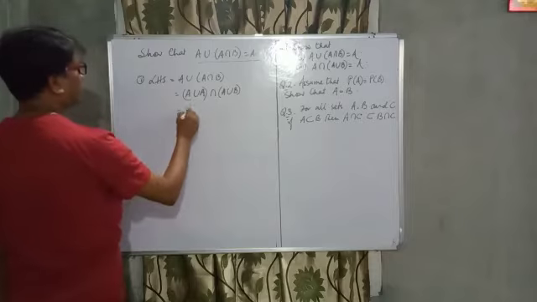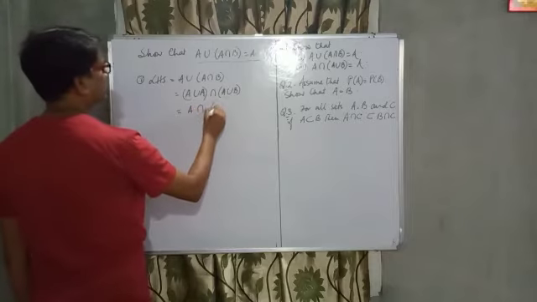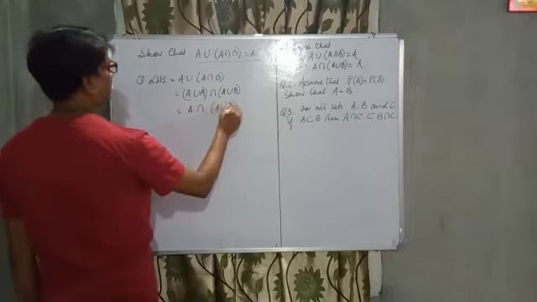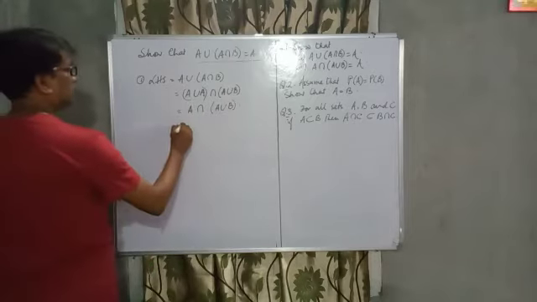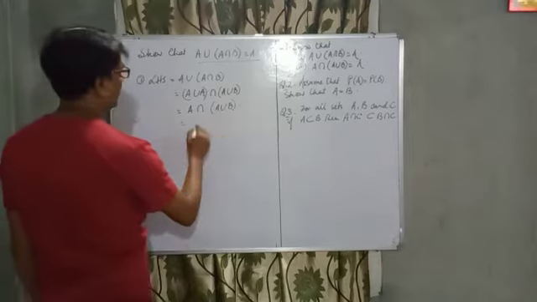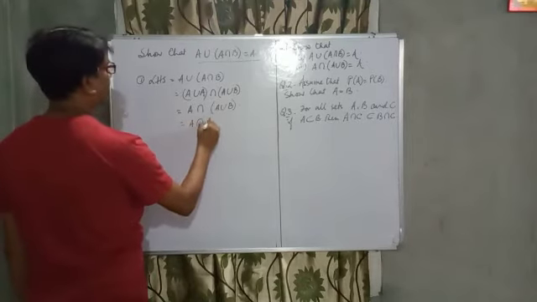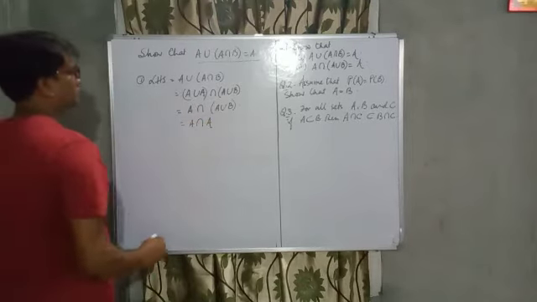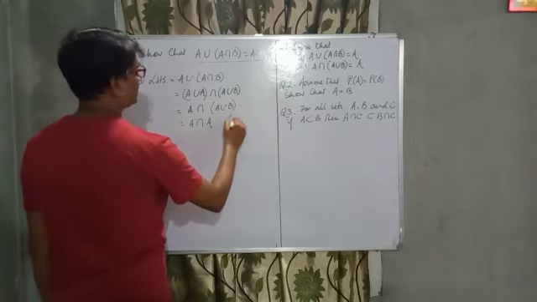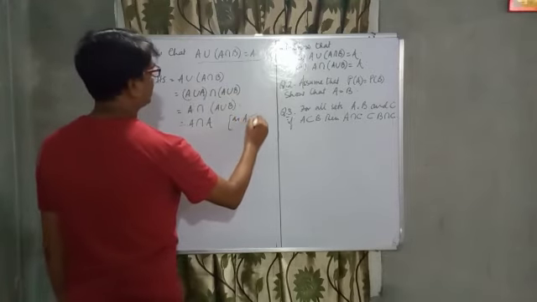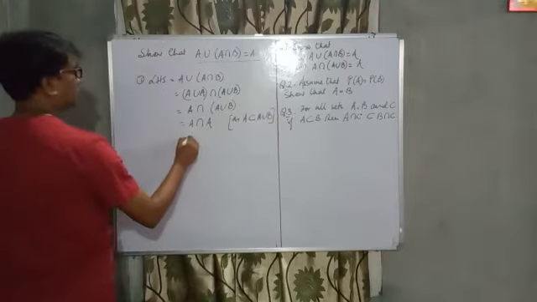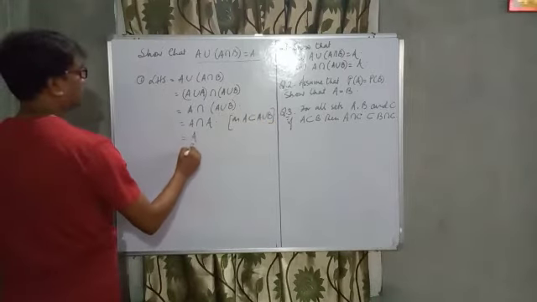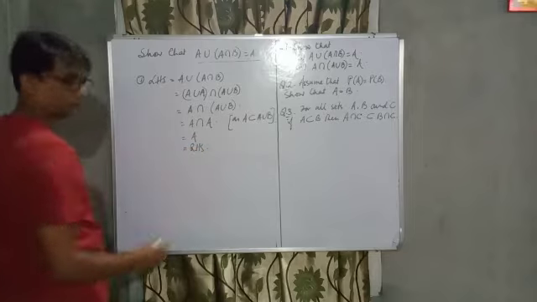A union A intersection A union B. This is equal to A intersection (A union B), as A is the subset of A union B. This is a universal truth. This is nothing but what? A. This is the right hand side. Okay?